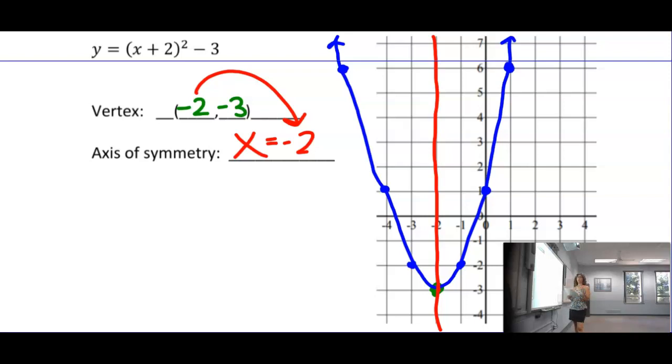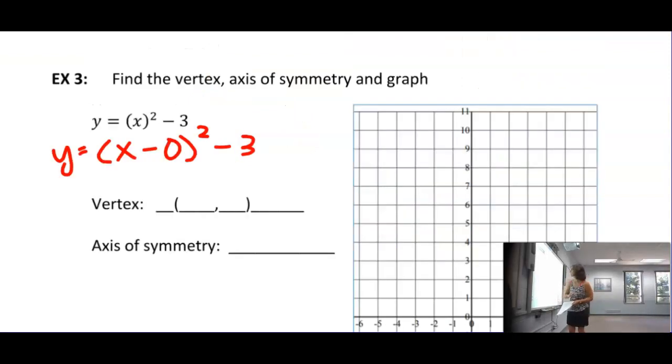I want you to look closely at example 3 before I switch over to it. So it says x squared minus 3, but there's nothing in the parentheses with the x. Like here, we got our x value because there's a 2 in the parentheses with our x. But on that one, there's nothing in the parentheses. So what's my x value going to be? I'm hoping that you said 0.